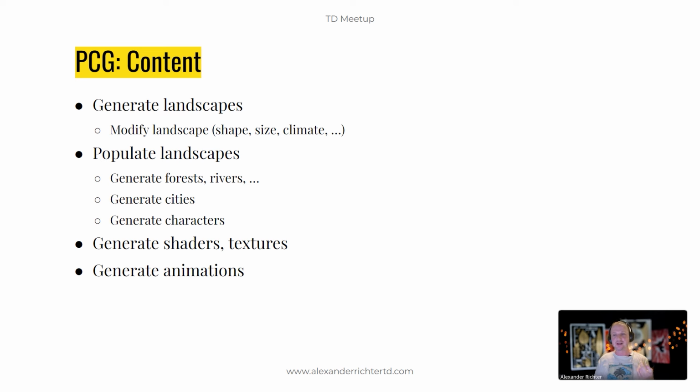And it's not only that, it can also be animation. And it can also be, especially for games, dialogue and quests and many more. So basically everything that you can do manually, in theory, especially if it's scalable, it's a good idea to think about PCG as a possibility to help you with that.